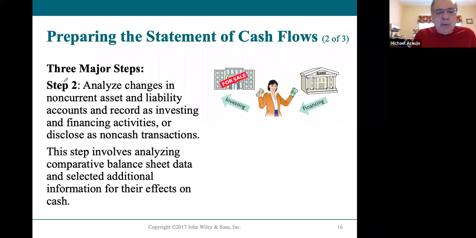The second thing we're going to be looking at, step two, as you'll see when we actually do it, is that we're going to analyze the changes in asset and liability accounts. And we're going to note any investing or financing activities that we see with these changes. That means we're going to be using that balance sheet and other information for that, as you'll see.